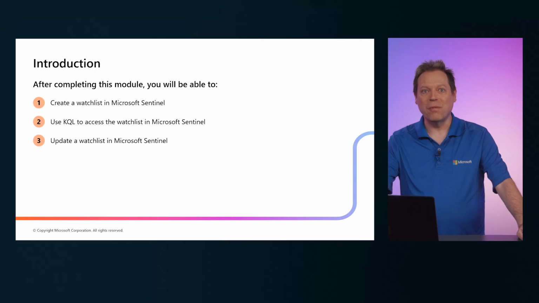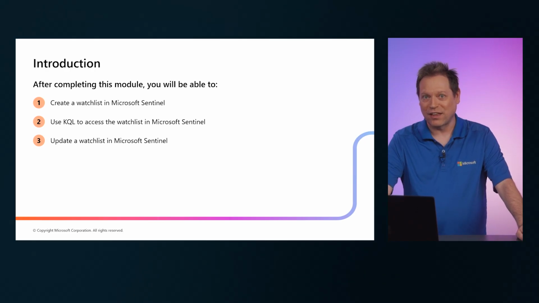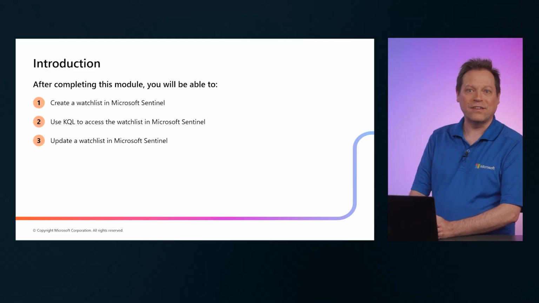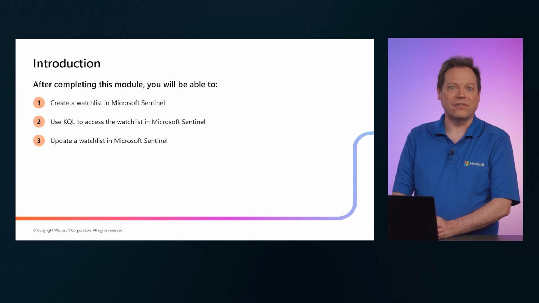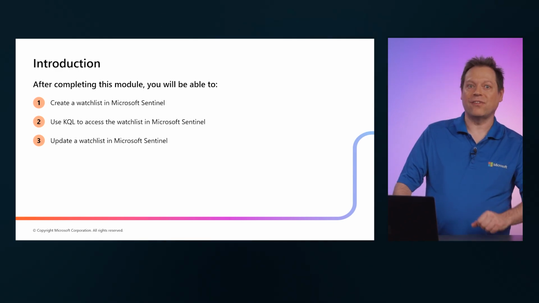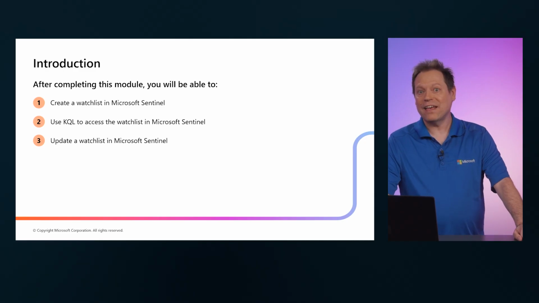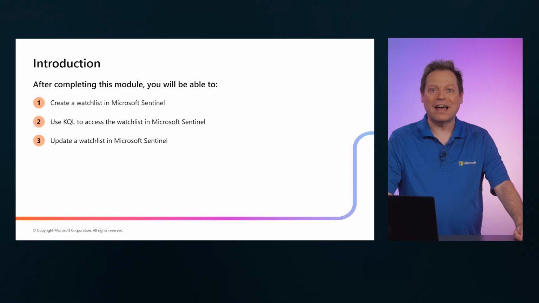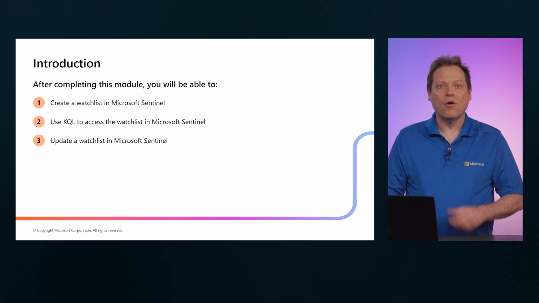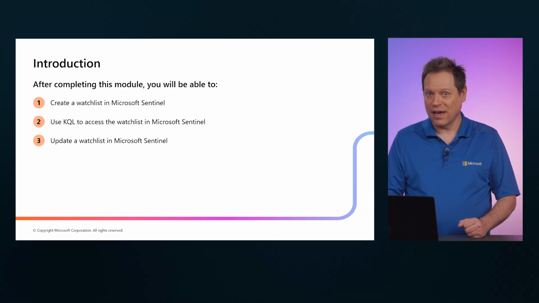After completing this module, you'll be able to create a watchlist in Microsoft Sentinel, use KQL to access that watchlist, and update watchlists as your environment changes. These skills are essential because most SOCs have context data that doesn't naturally live in log streams, but is still critical for accurate detection and triage.